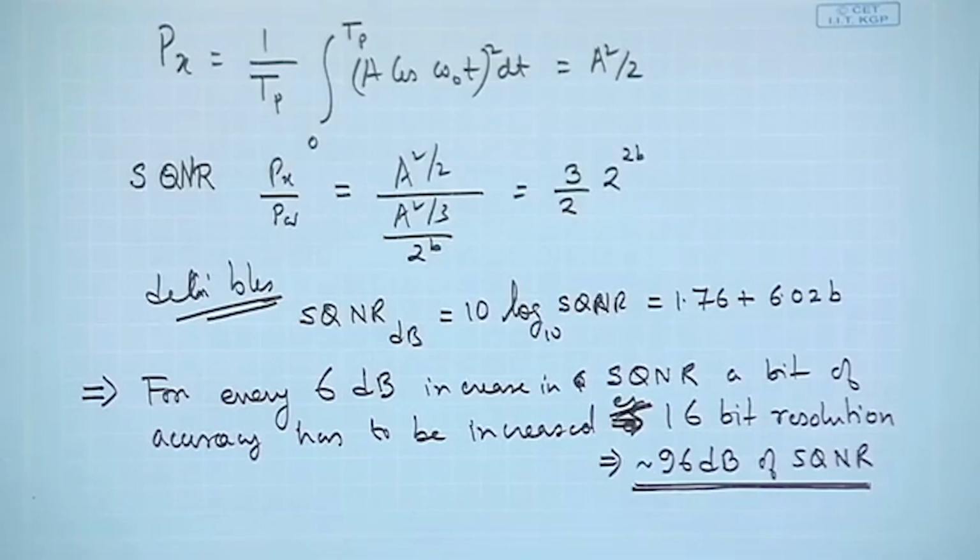That means if I go for one extra bit, I am going to get another 6 dB increase. So, if I have 16 bits of accuracy, I get nearly 100 dB of signal to quantization noise ratio, or in other words, we are going to get 100 times signal power over the quantization noise power.